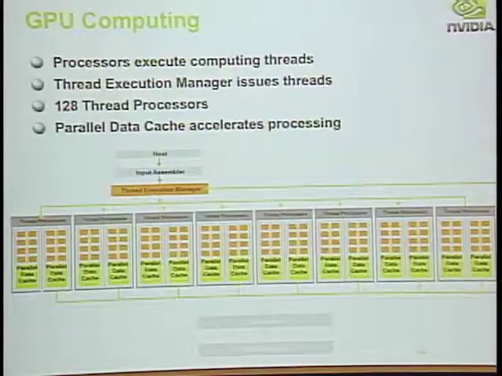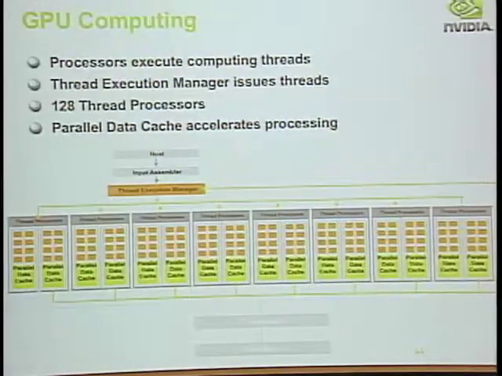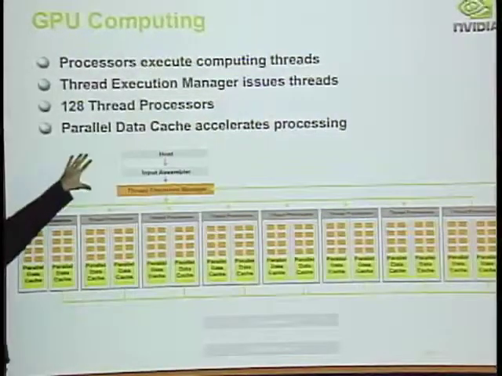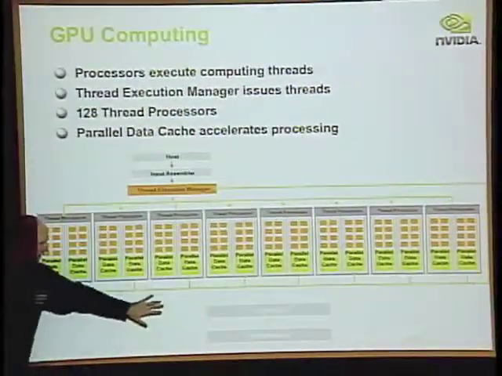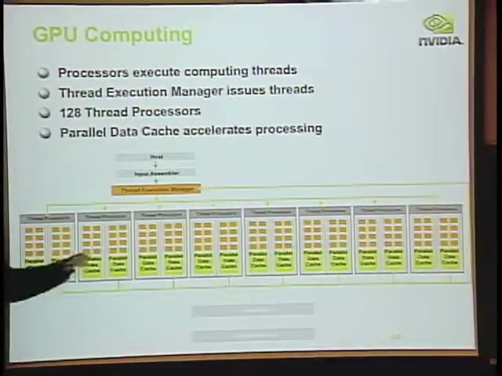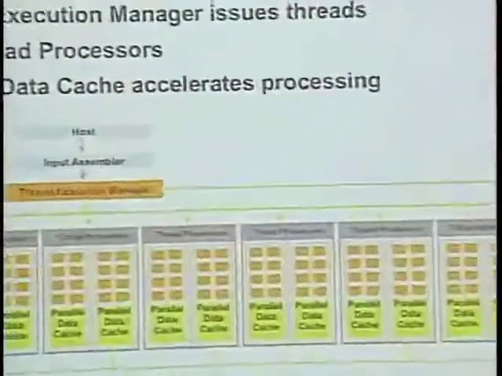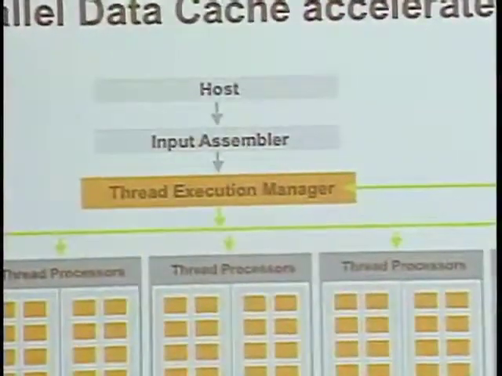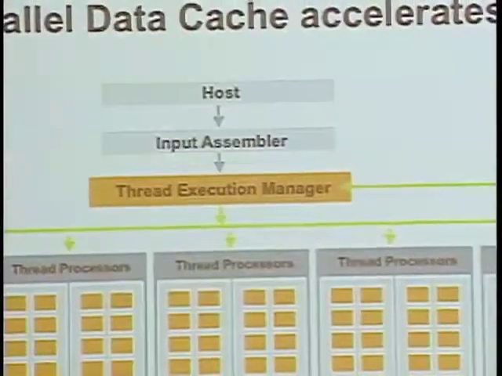Okay, so this is sort of a picture there, of the chip. You've seen this picture before. What this shows is units in the GPU computing picture of the NVIDIA pipeline. So this thread execution manager, that's in hardware. There's a lot of stuff between that and the rasterizer.